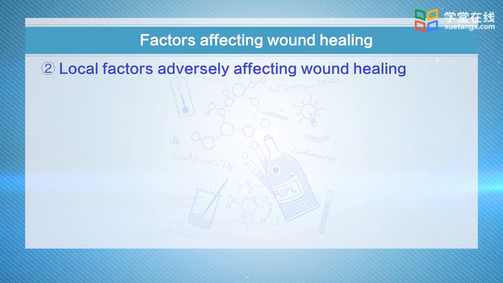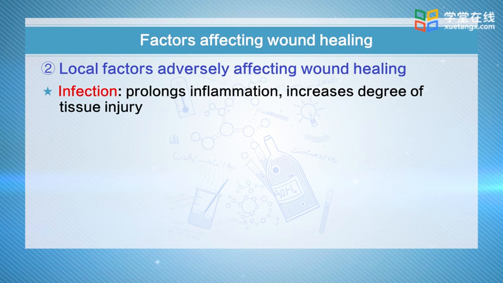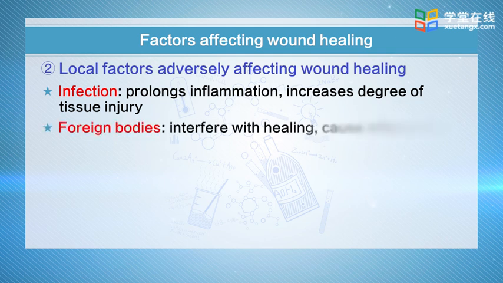This slide lists the local factors that may prevent a wound from healing. Infection is the most important cause, as it prolongs the inflammatory phase and aggravates local tissue injury. Foreign bodies, including pieces of metal, wood, or glass, may physically obstruct the wound closure and cause intense inflammation and infection.